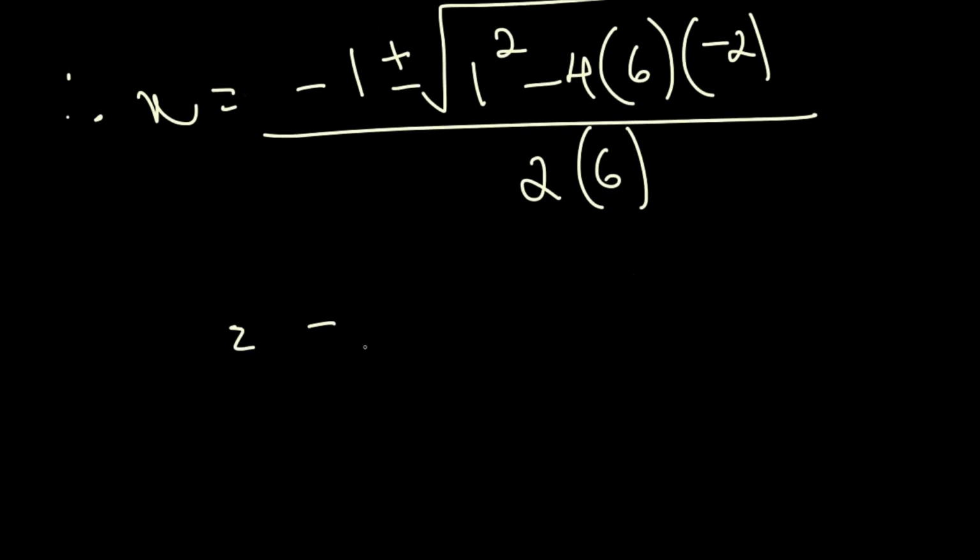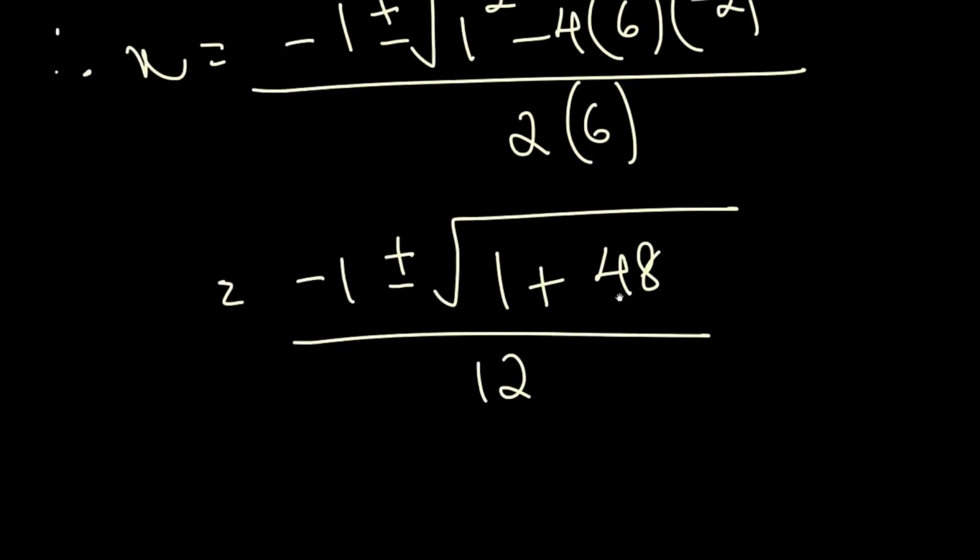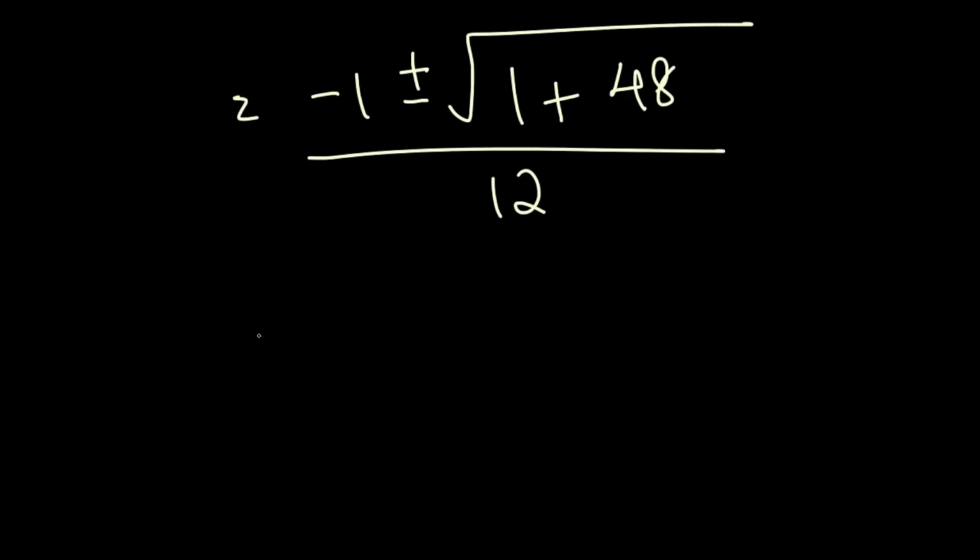Solving this, we get minus 1 plus or minus the square root of 1 squared, which is 1, plus 4 times 6, 24, 24 times 2, 48. You know where this is going. You don't really need a calculator for this. The moment you see that, you know we are looking at very simple square roots here.